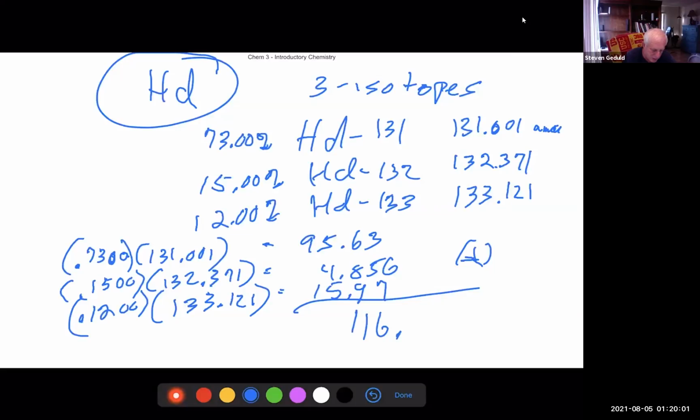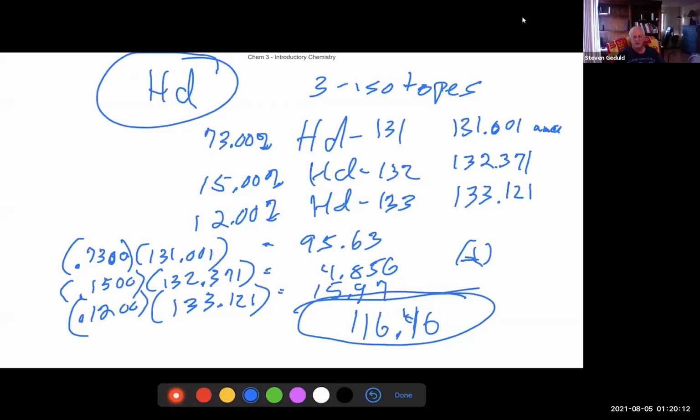We're good to 2 places past the decimal, so 0.46. The average atomic mass is 116.46. So that's how we use math to calculate the average atomic mass of an element.